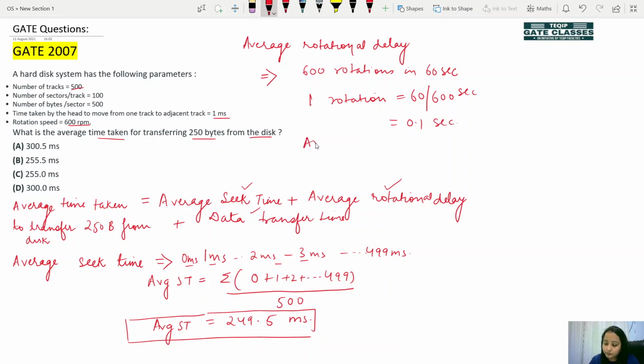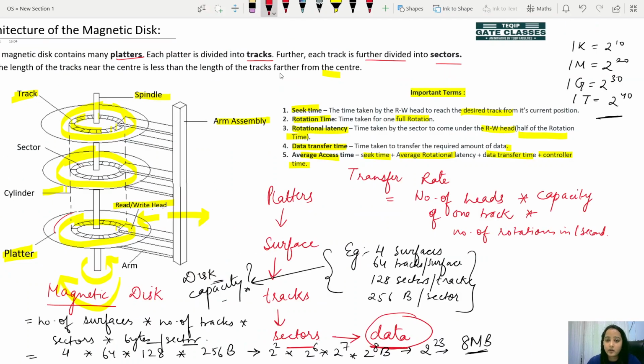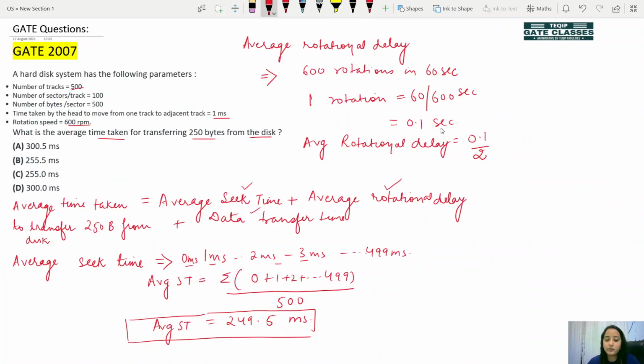So what will be the average rotational delay? As we saw on the last page, rotational latency is half of the rotation time. The rotation time I calculated as 0.1 second, so divided by 2, it comes out to be 50 milliseconds. So the average rotational delay is 50 milliseconds.